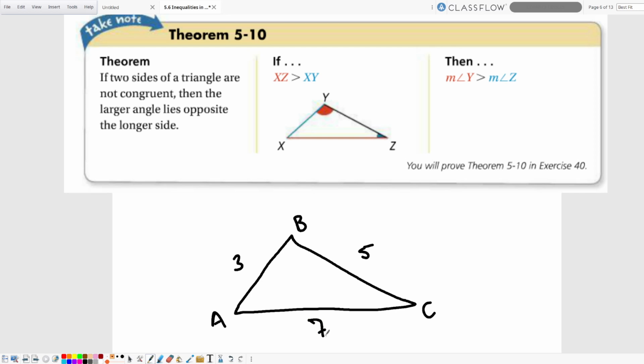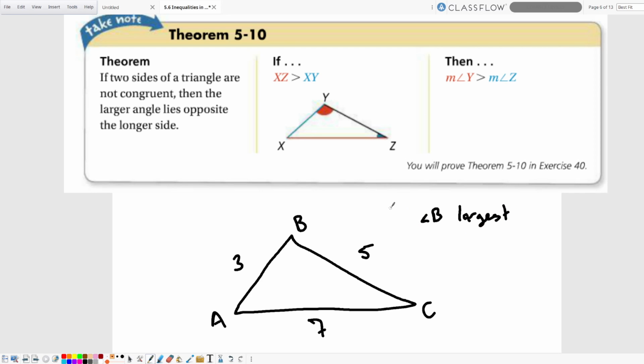Well, because 7 is the longest side, the angle, which is B, which is across from side 7, would be the longest or largest angle. So the angle B would be the largest.